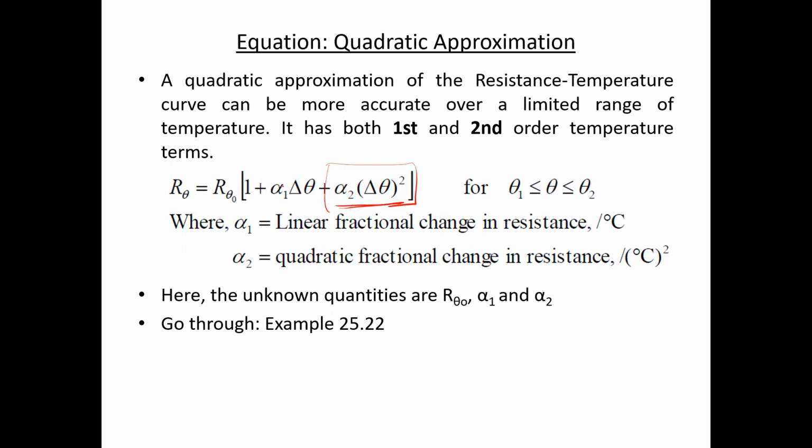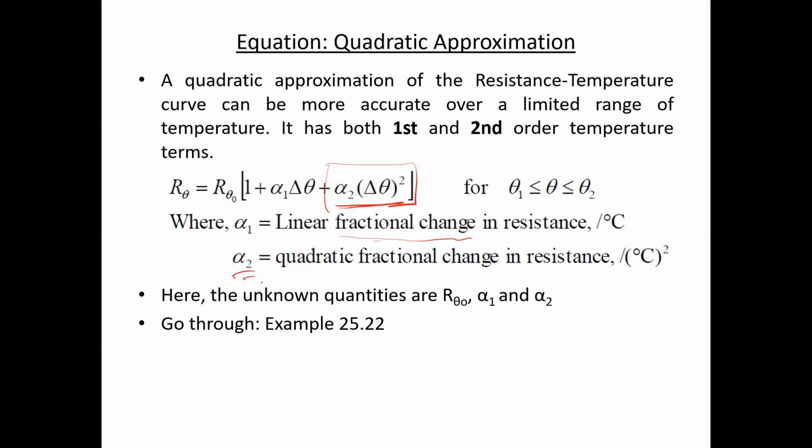So the alpha 1 is actually the linear fractional change in resistance per degree Celsius in temperature, which is similar to the temperature coefficient that we studied for the linear approximation.